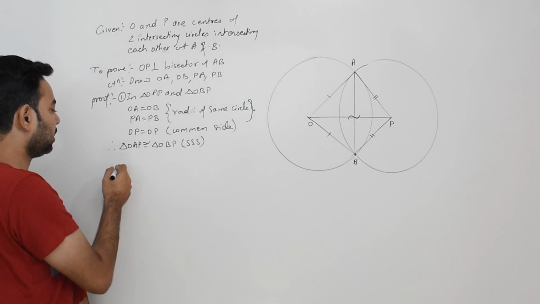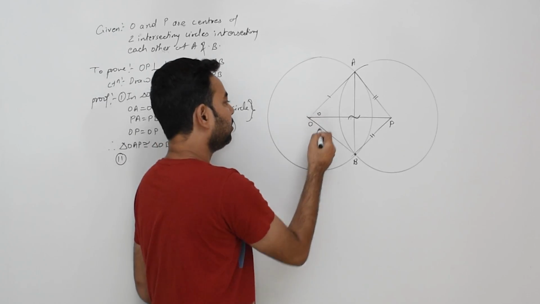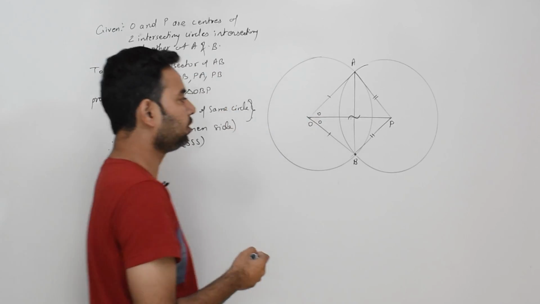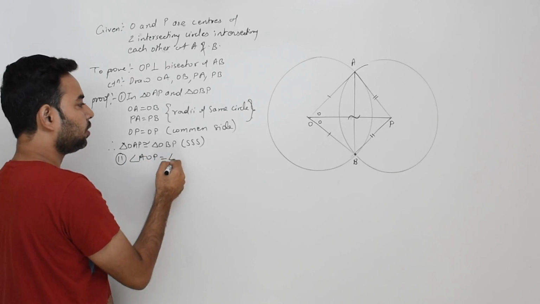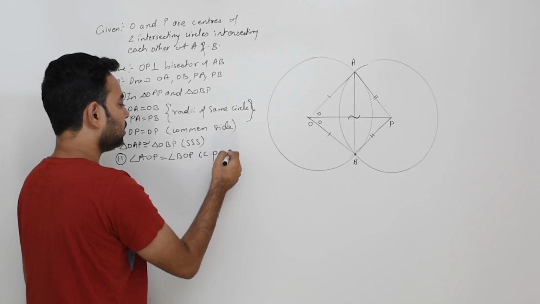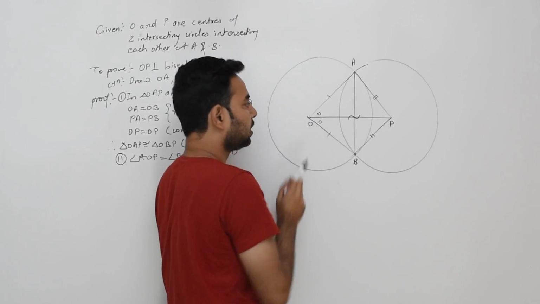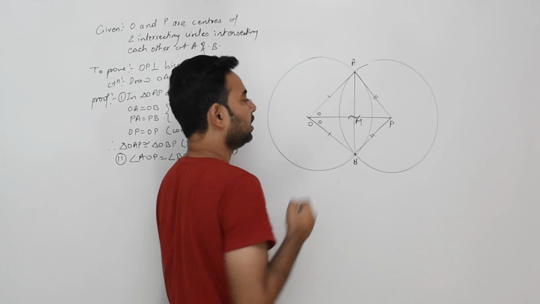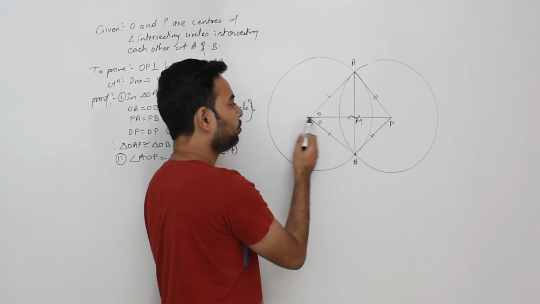As the triangles are congruent, corresponding parts are equal. It means that angle AOP is equal to angle BOP, by corresponding parts of congruent triangles. If these two angles are equal, then triangle AOM is congruent to BOM.